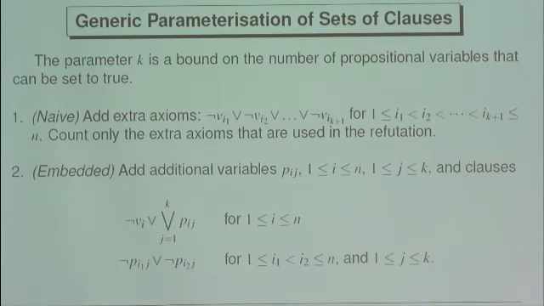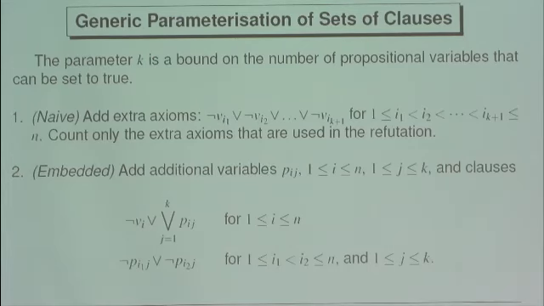The second parameterization, which someone called embedded for some reasons, is perhaps more elegant. It maps all variables that are set to true surjectively into a set of size k.